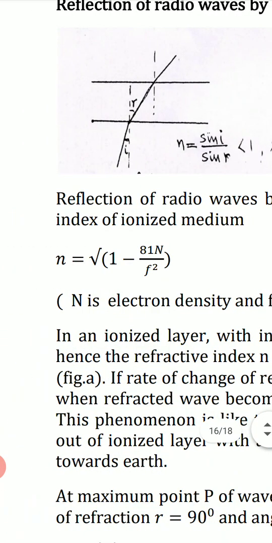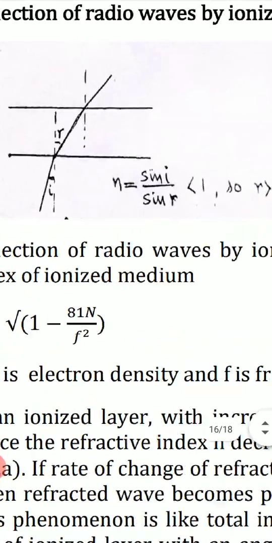The refractive index of ionized medium, small n, is given by this formula: n equals under root 1 minus 81 N upon f square, where capital N is the number of electrons per unit volume and small f is the frequency of the radio wave. And we see that this refractive index small n is less than 1.